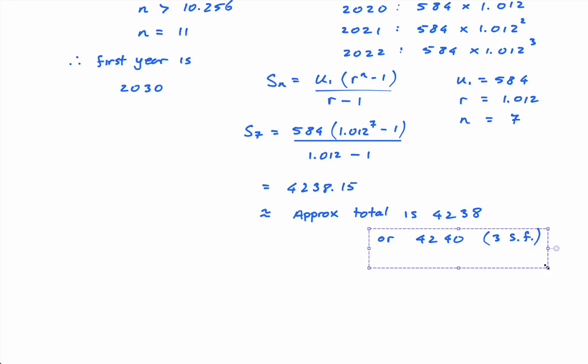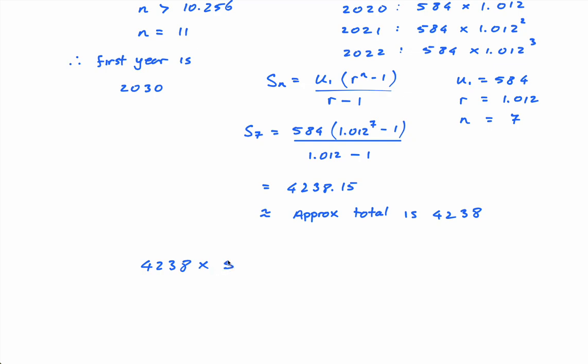Now actually I'm not going to do that, guys. I'm not going to round to 3 significant figures yet, because I am going to multiply this 4238 by 50. Remember what I said, this is the total per concert. So if there was just one concert per year, this would be the total, but there are 50 concerts per year, so I'm going to multiply by 50.